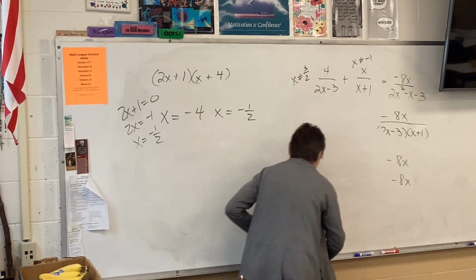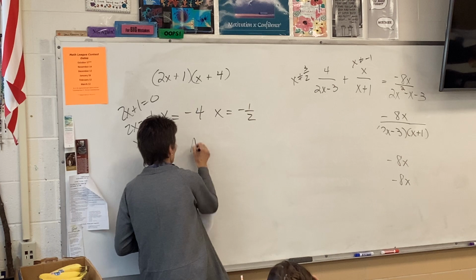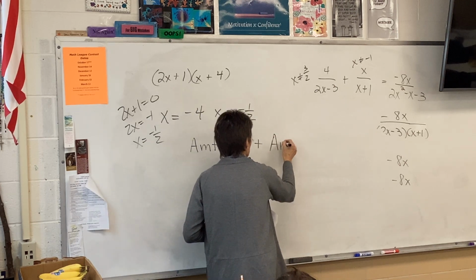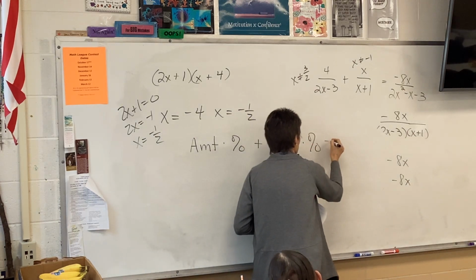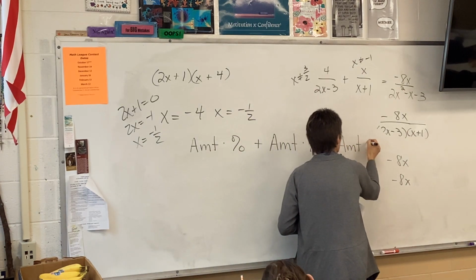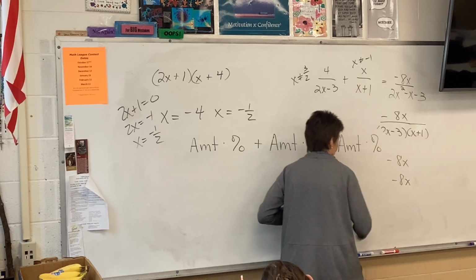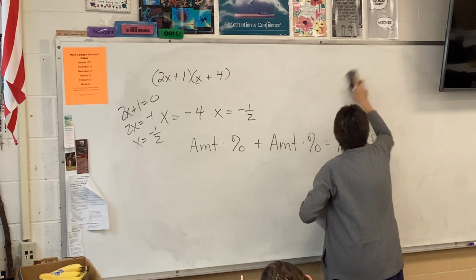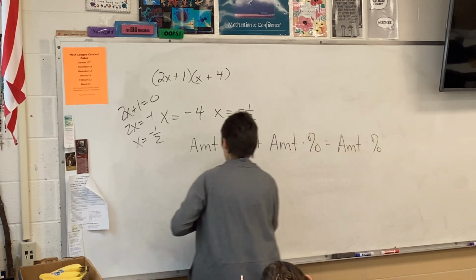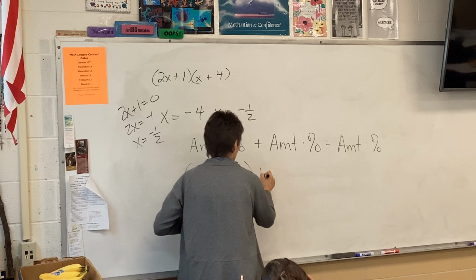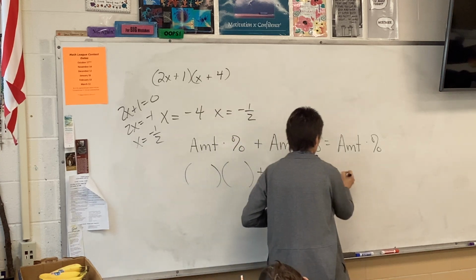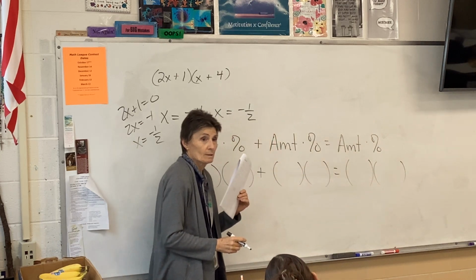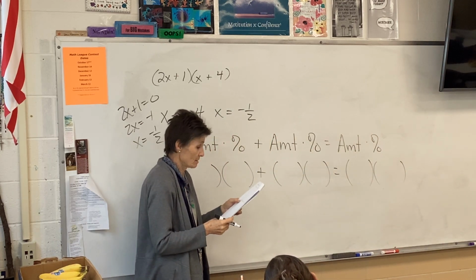Now, let's take the time to write out your setup, the structure of your equation, so you can at least get some credit for getting some of the numbers in the right spot, right? Because you know all the percentages.